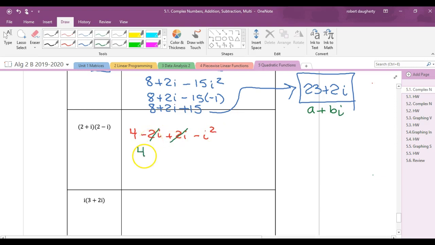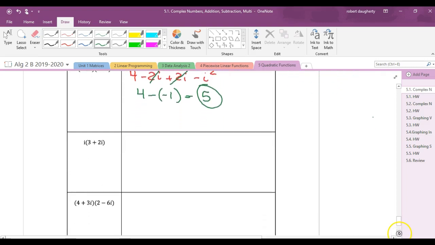So this is 4 minus, what's i squared? Negative 1. What is this number? This is 5. Okay. So I think this is pretty remarkable. You took two complex numbers and you multiplied them together and you got what kind of number? A real number, okay? So these were two complex numbers. They multiply together and your answer is 5. It is a real number.